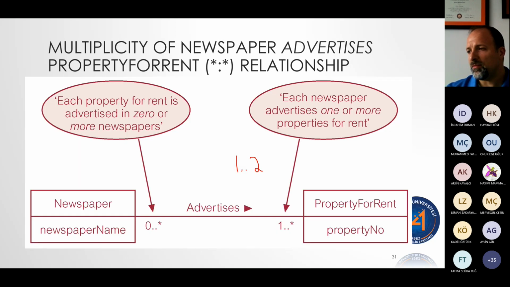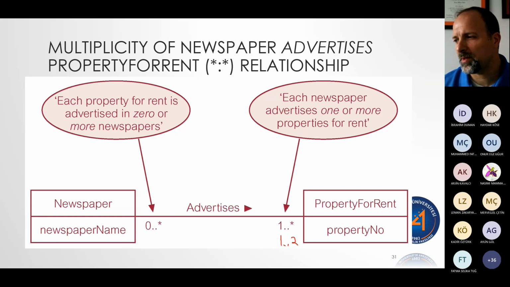If this were 1..2, it would mean that a newspaper can only advertise 2 properties, and once it's advertised 2 properties, we can't advertise any more in that newspaper. Well, we probably don't want to put a limit like that, do we? Once a newspaper has advertised 2 properties, especially if it's been successful and gotten us some contracts, we probably want to continue using that newspaper, right?